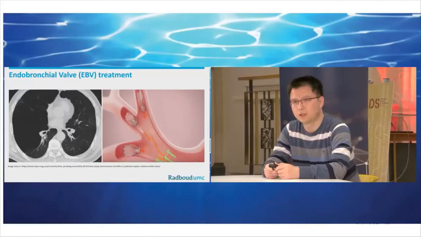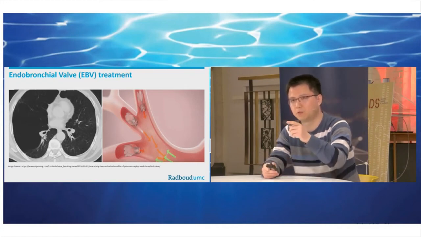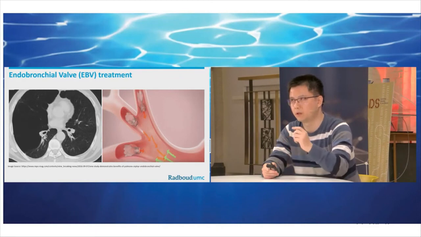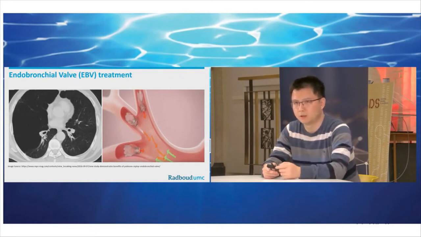Because this is an actual slice of the CT imaging, it's mirrored, so the right lung is shown on the left side. To treat this case, one of the treatment options is to place a one-way valve on the airways that lead to the target lobe, which is the lobe we want to treat. Because this one-way valve only allows air to flow out, not in, as the patient breathes, this part of the lung will eventually collapse. That's the ideal outcome of this treatment.